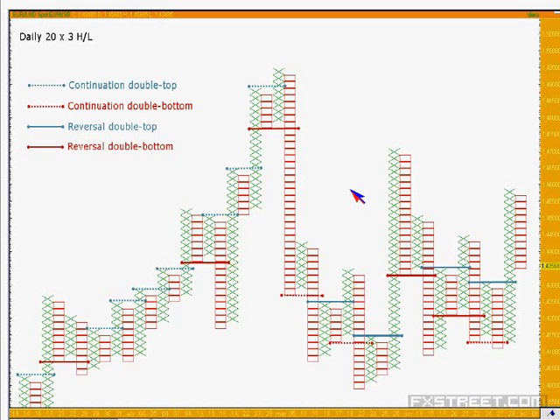Every time we see an X or an O, it means the price has advanced 20 pips in the direction of that trend, be it up or down trend. And any time there is a reversal or a change in column, it must be at least by an amount of 3 boxes. In that case, that means 60 pips. Okay, so there is an asymmetric filter built into the construction of the chart.